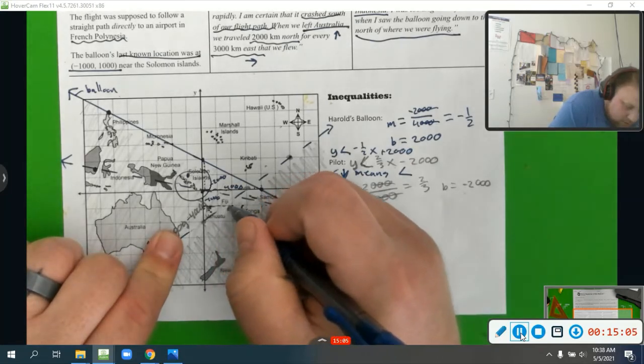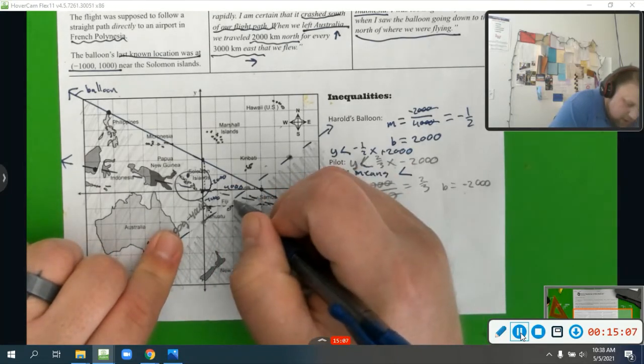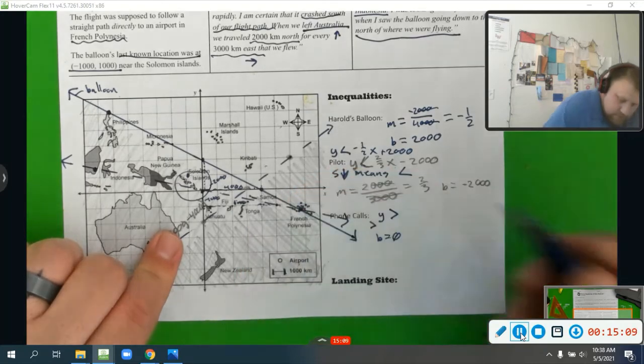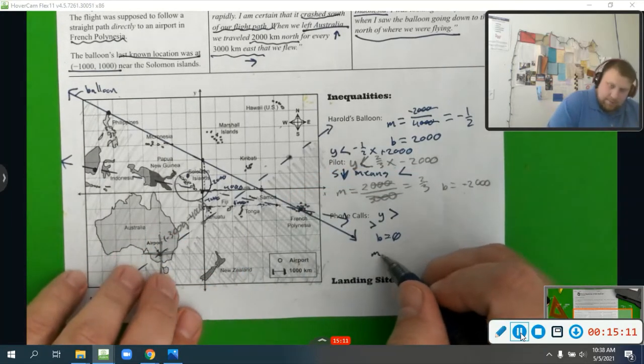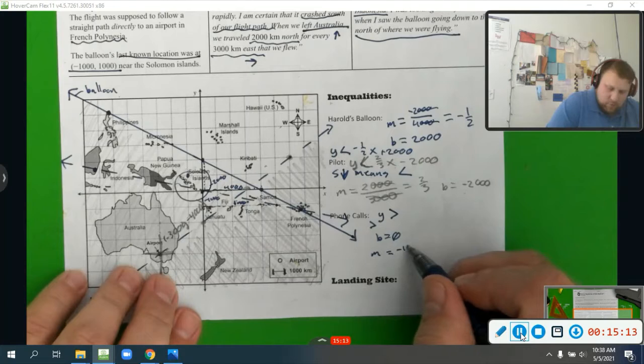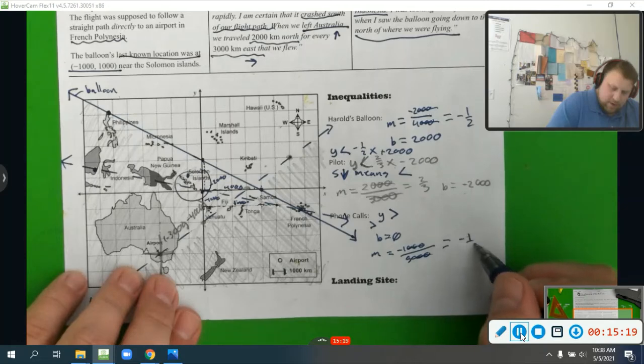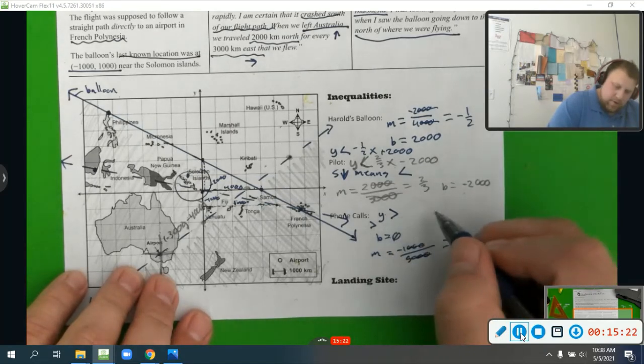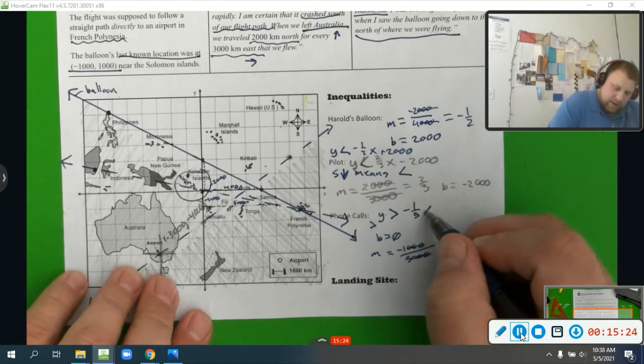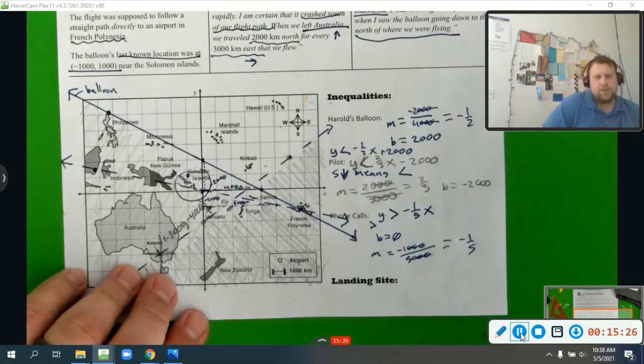So over, just draw my slope triangle, 5,000. So we know that our m equals negative 1,000 over 5,000. Which, again, let's cross out and I have negative 1/5. So y is greater than negative 1/5 x. And again, we can put plus 0, but there's no start line.